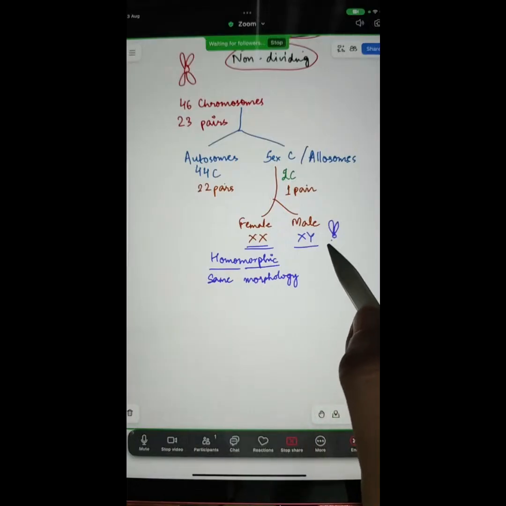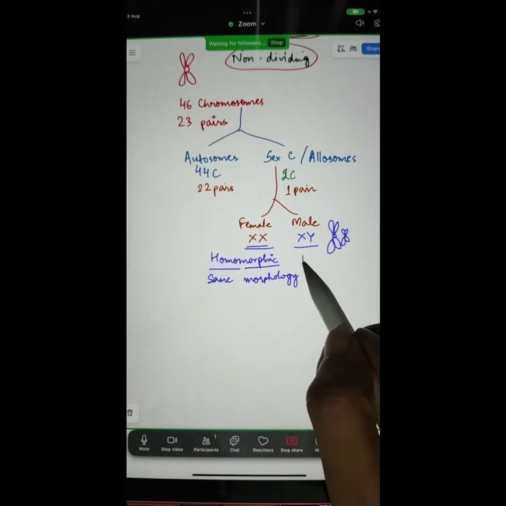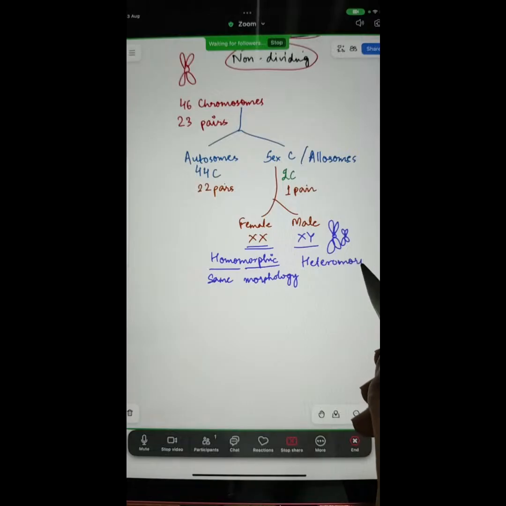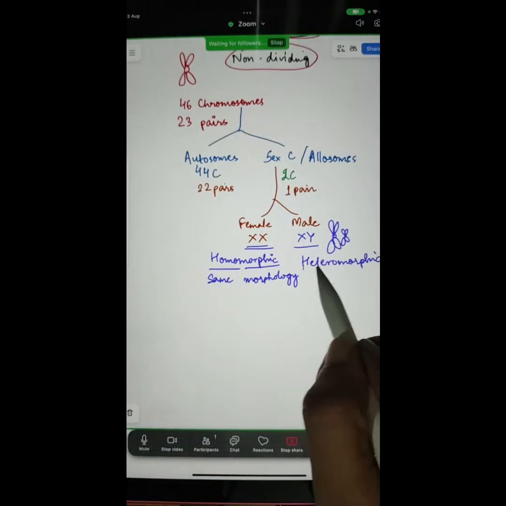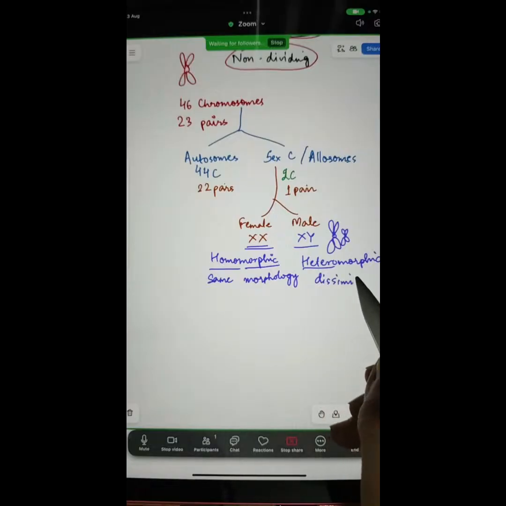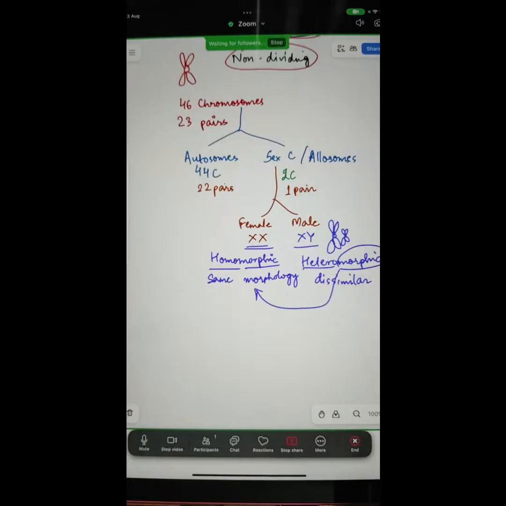Generally, X is taller and Y is smaller. So because they are dissimilar in look, that is why the human males are heteromorphic. Hetero means dissimilar and morphic means morphology. Same, right? So morphic here also will mean the morphology or the general look.